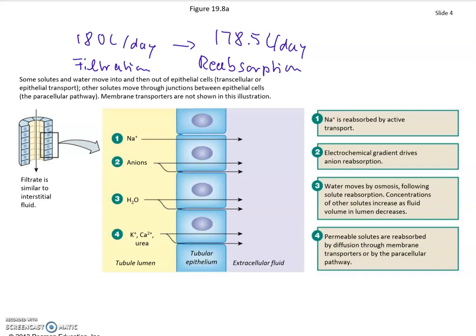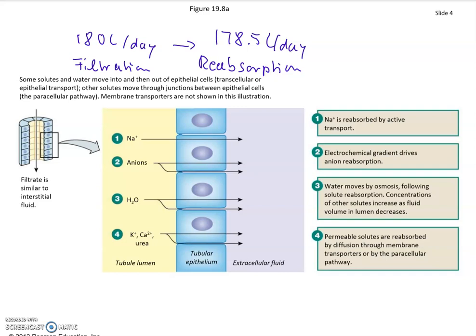We have these 180 liters now in these renal tubules, and we need to gain the vast majority of the water and the electrolytes and nutrients. We need to gain all of that back. This diagram shows you how some of the items are regained or reabsorbed. Sodium reabsorption is typically active transport.